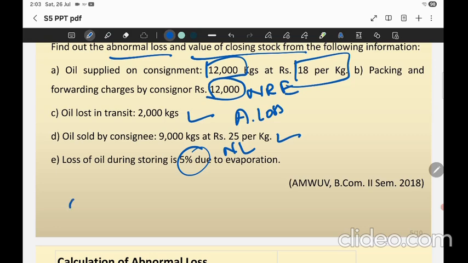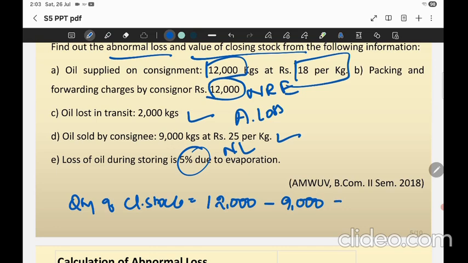Now, loss of oil due to evaporation is something which is normal loss. Okay. Now, first let us find out what is quantity of closing stock. First, 12,000 minus, out of 12,000, 9,000 have been sold. And 2,000 is the oil loss, abnormal loss.